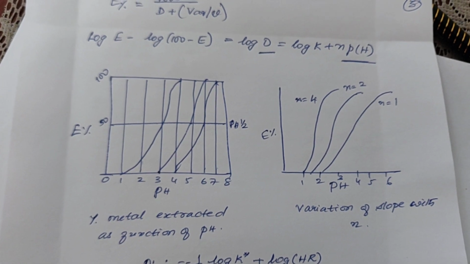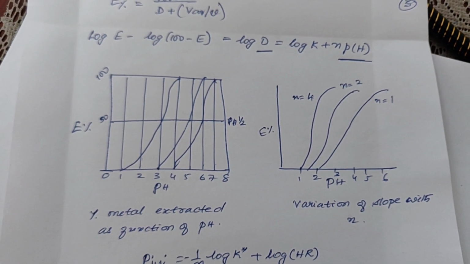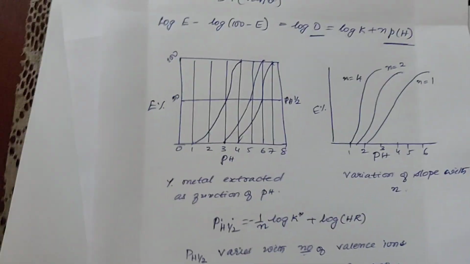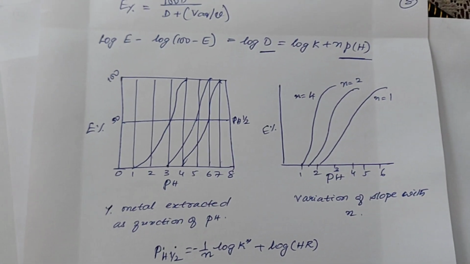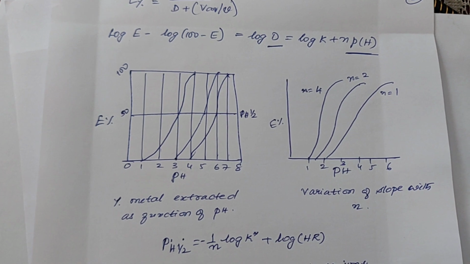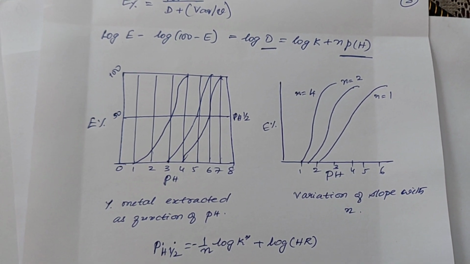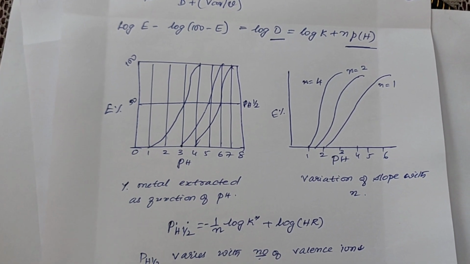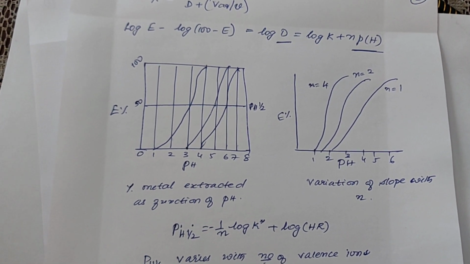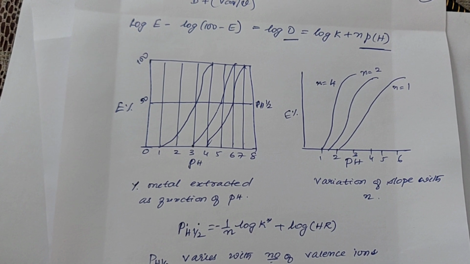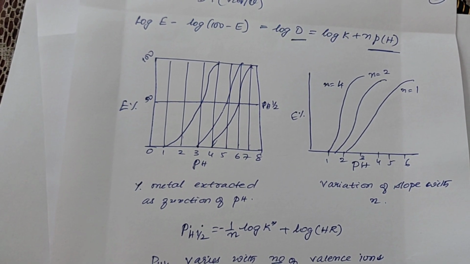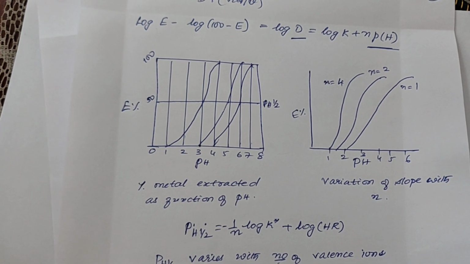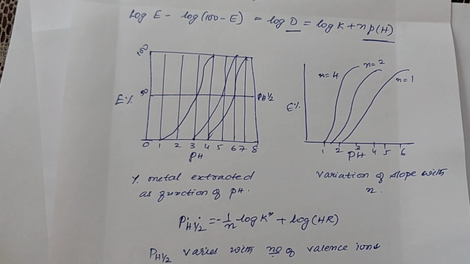So there is a direct relationship between pH of the solution, the number n, and D. In this equation, the value of n is either plus 1 charge, plus 2 charge, or plus 4 charge. So it's the valency of the metal ion.